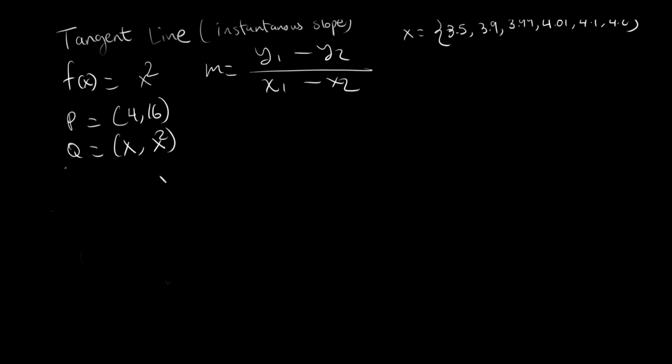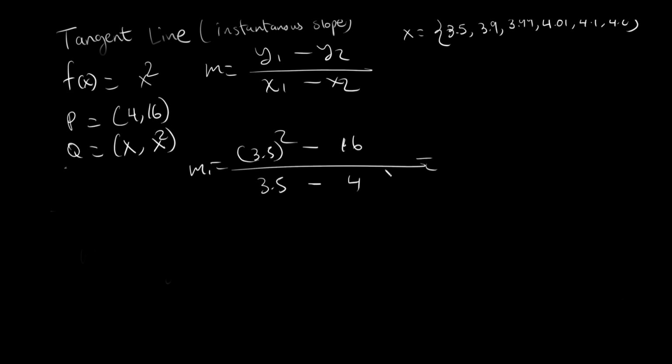So let's take our m1: 3.5 to the power of 2 minus 16, over 3.5 minus 4. Let's take our calculator.